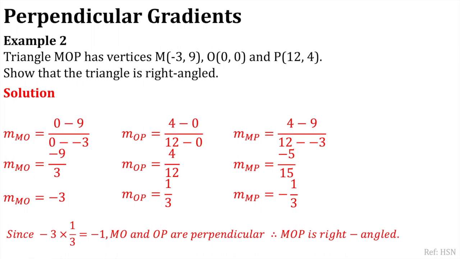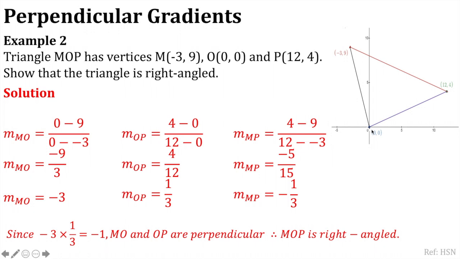Now, I suppose one other way to look at this, just to confirm what we've done, is to draw the triangle. You don't have to do this for every question, but it's always good to have a diagram as well, so you can actually visualise what is going on here.